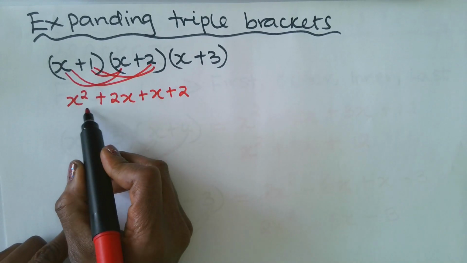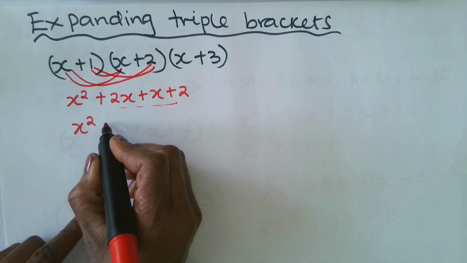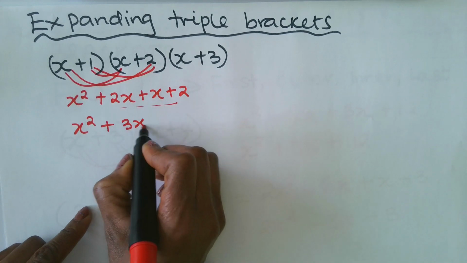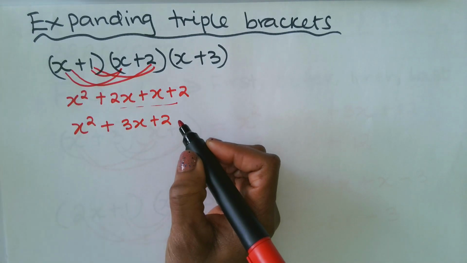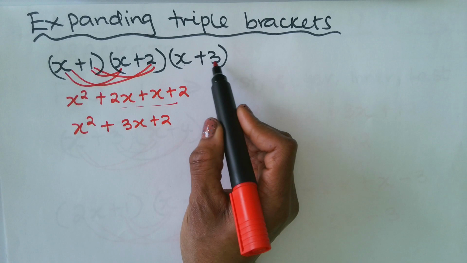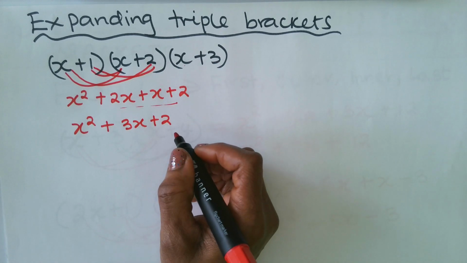Now I'm going to bring the like terms together. x squared plus 2x plus x will give me 3x, plus 2. Once I've done this, I know that I'm left with x plus 3 to complete my question.